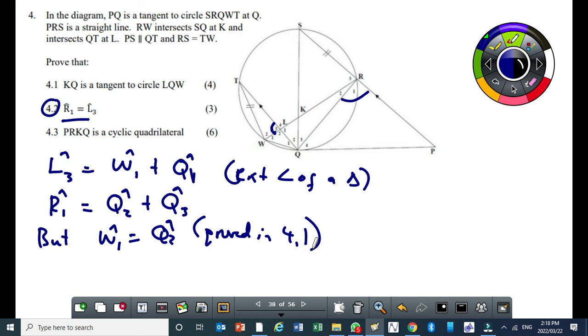Remember, I proved already that Q3 is equal to Q1, because of equal chords subtending equal angles. Just to remind some of you, I'll write here: Q1 is equal to Q3. My reason here will be equal chords, equal angles.